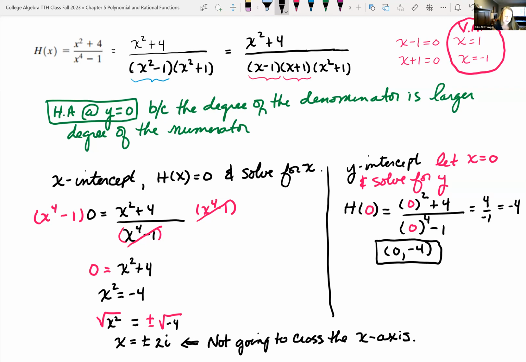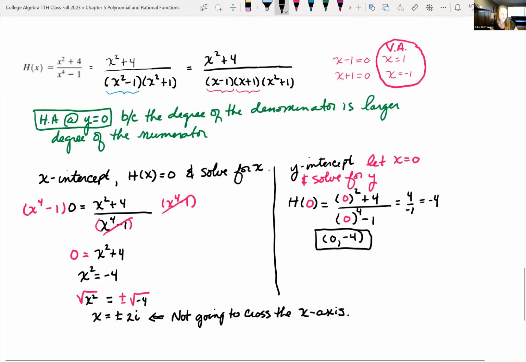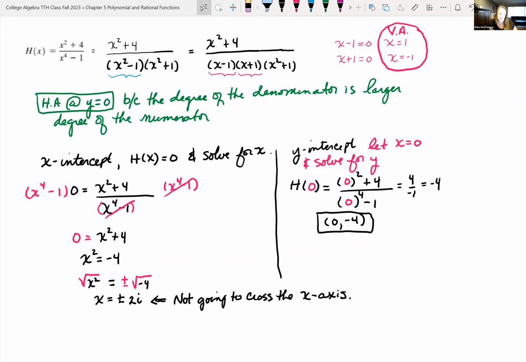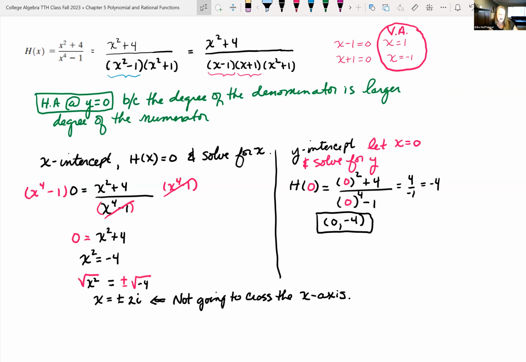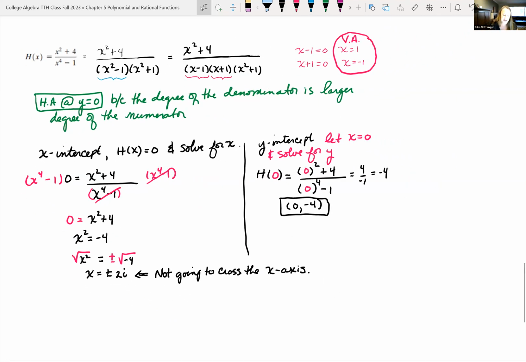So going through what we just did, we only found one point on our graph. Once we found our asymptotes and we found our intercepts, if they exist, then we want to start graphing our function. We're going to start by plotting our asymptotes using dotted lines and plotting our intercepts.